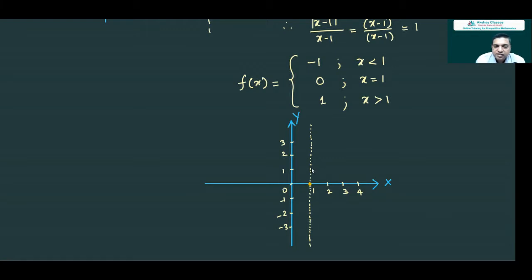When x is slightly greater than 1, the function value for all values greater than 1 is equal to 1. But when x is slightly less than 1, or for all values less than 1, the function value is minus 1.